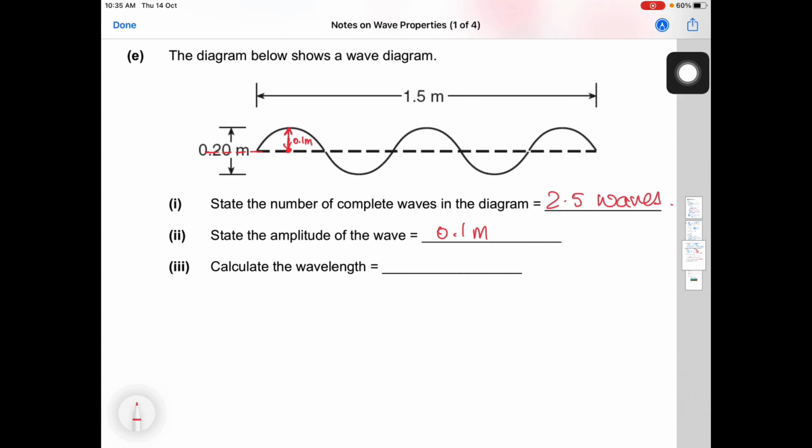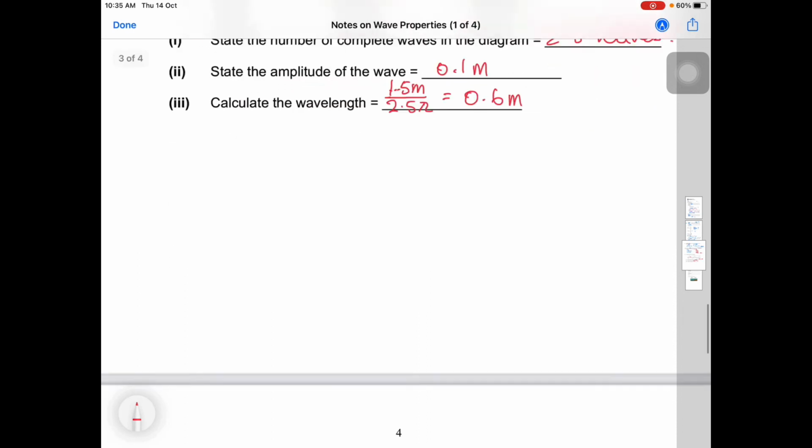Therefore, to find the wavelength, the length of one wave, I have to take 1.5 meters divided by 2.5 waves, and I'll get the answer of 0.6 meters. Quite simple. These are very simple questions that you might encounter in your tests and exams, so you have to get used to this.